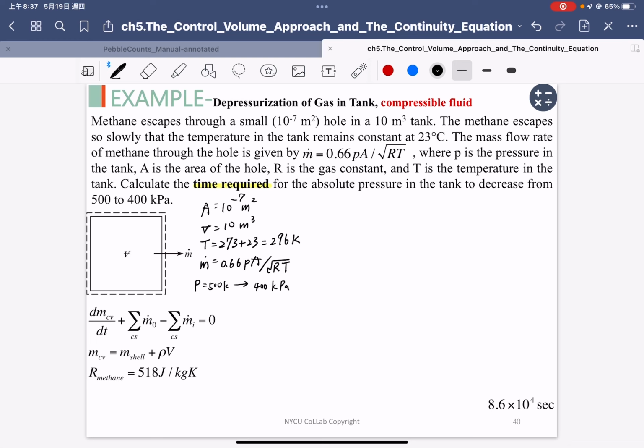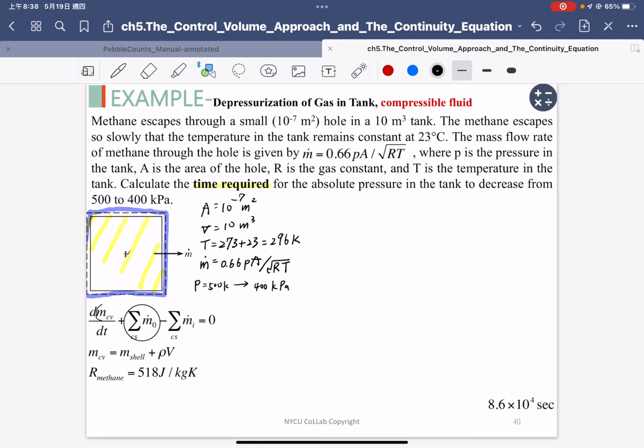For this question, we can define the control volume, just the inside of the tank, and the dashed line showing here is our control surface. We only have the mass flow rate associated with the outflow, and we don't have any inflow rate.